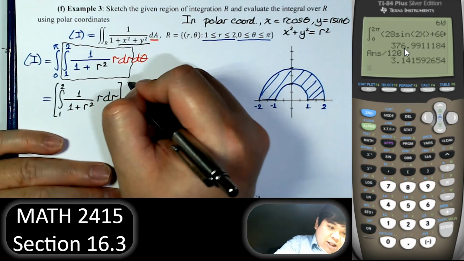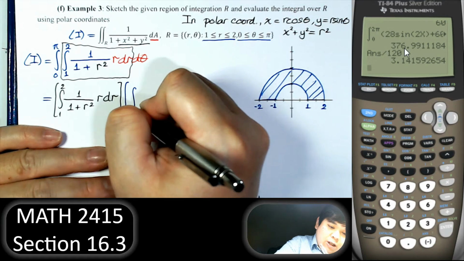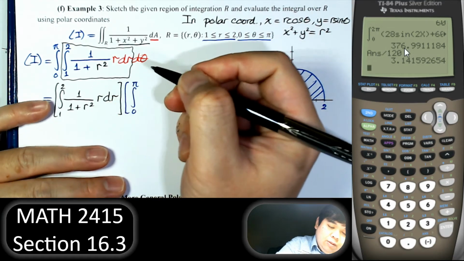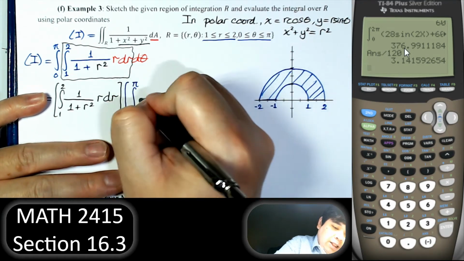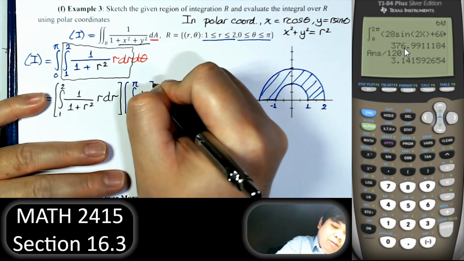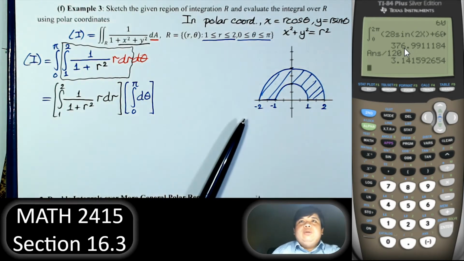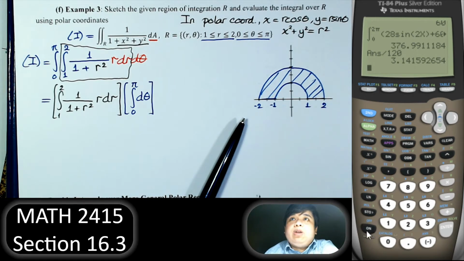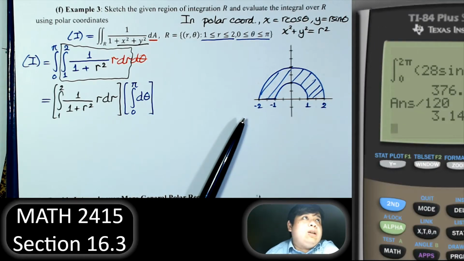And then what's left is 0 to pi d theta. The answer is not ideal because that looks like it will have an ln of something. Right, let's try it.